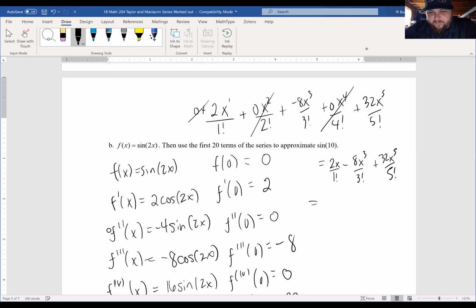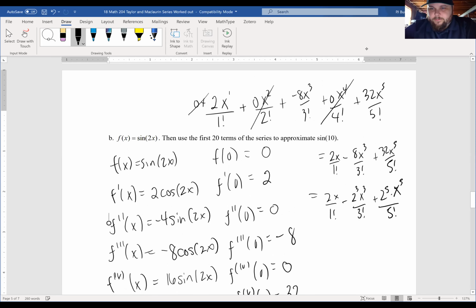To help us see a pattern, I will write it this way. And of course, this is all continuing on.